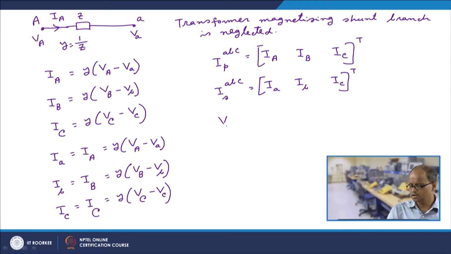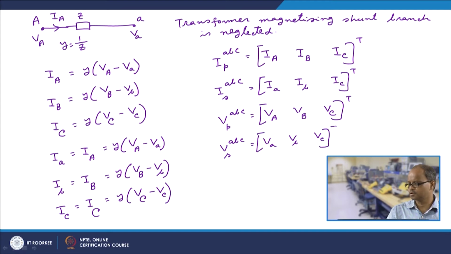Similarly, V primary ABC is VA, VB, VC transpose, and V secondary is Va, Vb, Vc transpose.